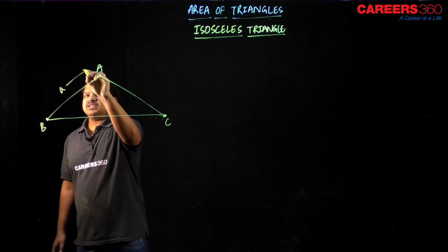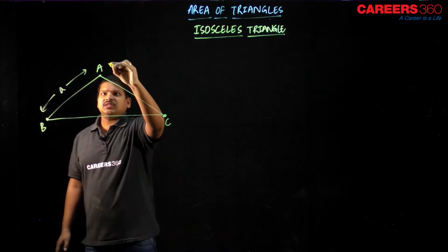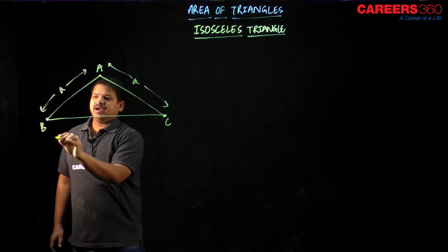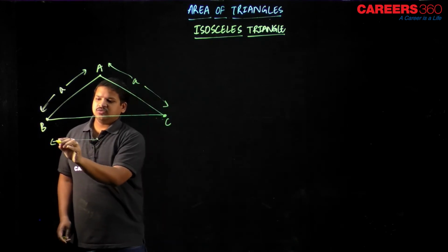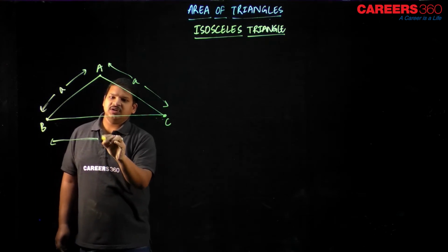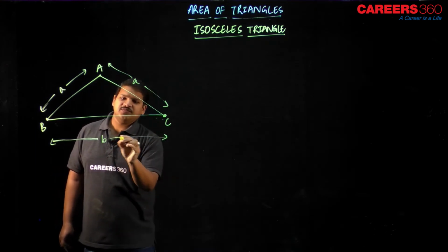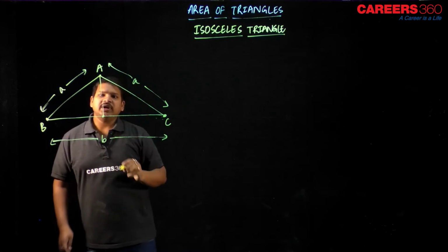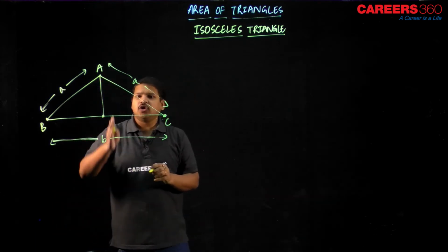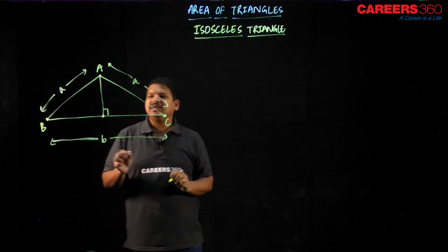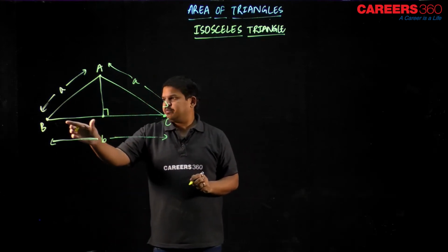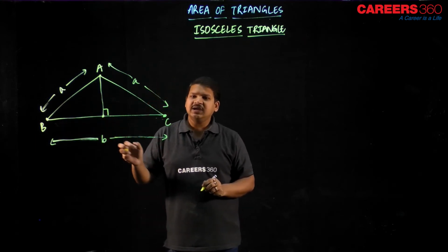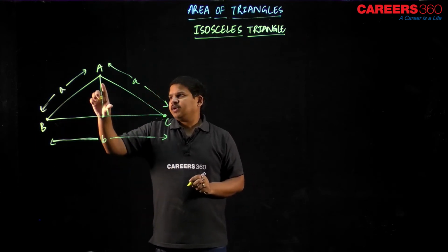So if this is side A, then this is also side A, and let us assume that this side right over here is B, right? Now what I am going to do is just drop a perpendicular, and in an isosceles triangle if I drop the perpendicular, then it makes a 90-degree angle. Also it bifurcates, it equally divides the base as well.